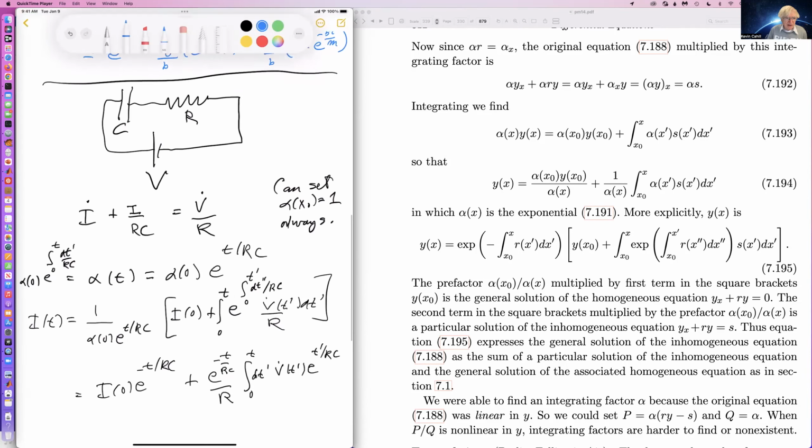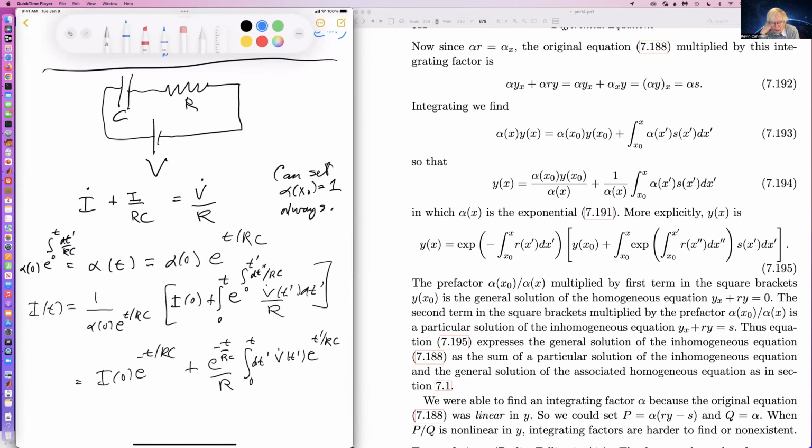Another simple example here is a simple circuit where you have an applied voltage across a capacitor in series with a resistor. And once again, I'm going to set alpha of 0 equal to 1. That's going to just make everything a little bit simpler.